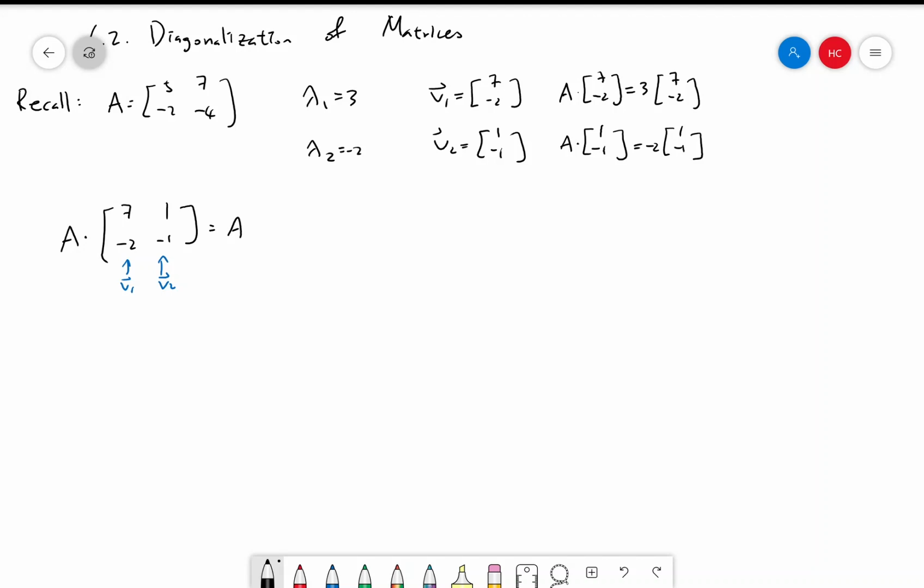So this is A times the matrix whose first column is V1 and second column is V2. By the definition of matrix multiplication, this is equal to the matrix whose first column is AV1 and second column is AV2.